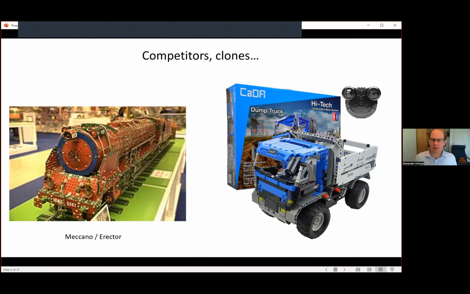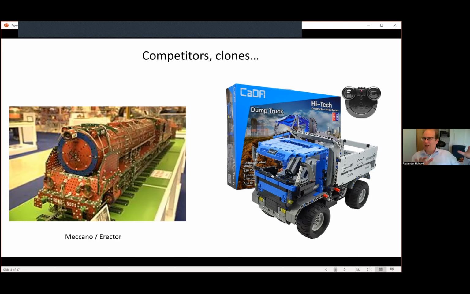I should also mention there are, particularly these days, a number of clone brands, which if you look at the pieces, look virtually indistinguishable from Lego, but they're not made by Lego, they're made by other brands who copy their ideas.